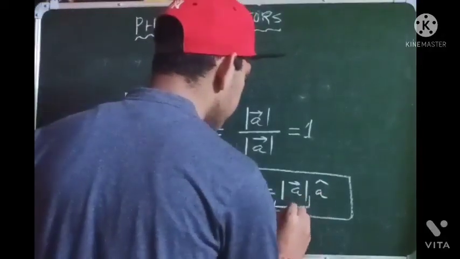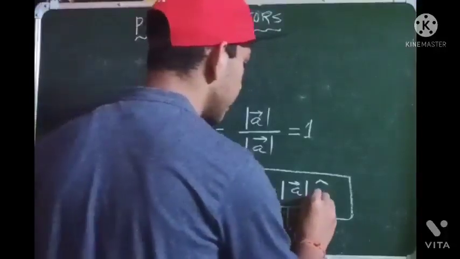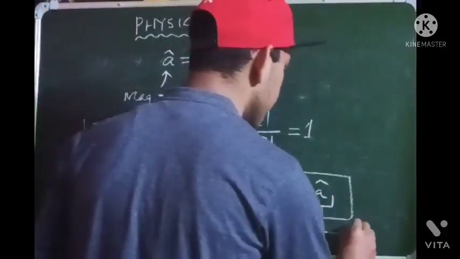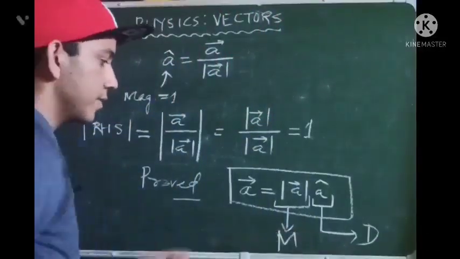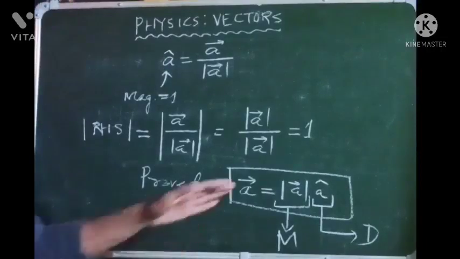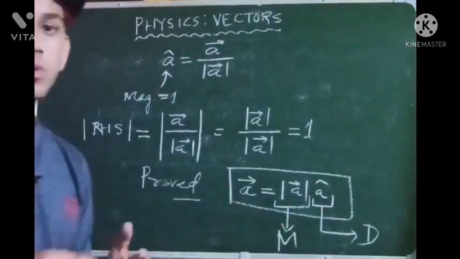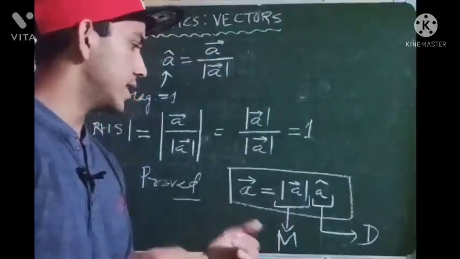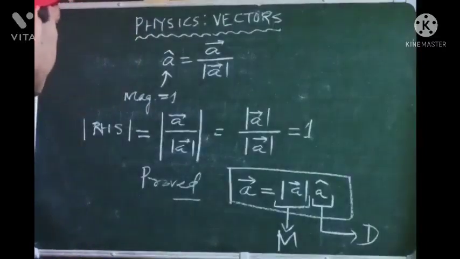This quantity represents the magnitude and this quantity represents the direction. So both the properties of a vector are satisfied. Now the basic use of unit vector is to denote the direction. It is used to denote a direction of the vector quantity.